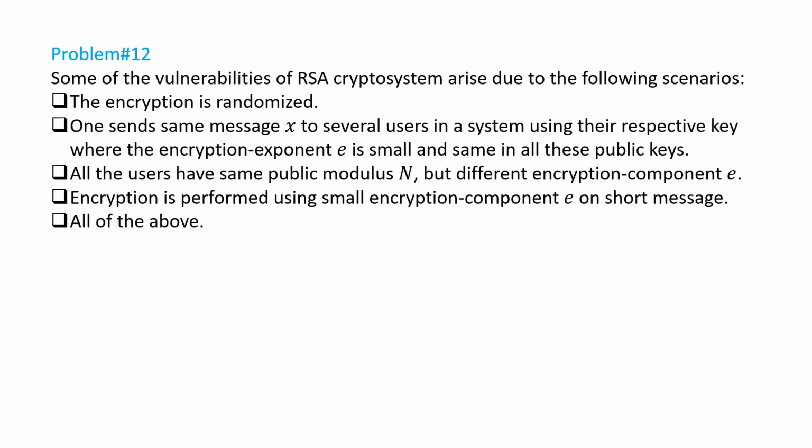So the modulus operation with n has no effect. X to the power E is itself the value which is less than n. So you can directly compute the eth root of x to the power E, and get back x, right? So this is also another vulnerability of RSA crypto system.